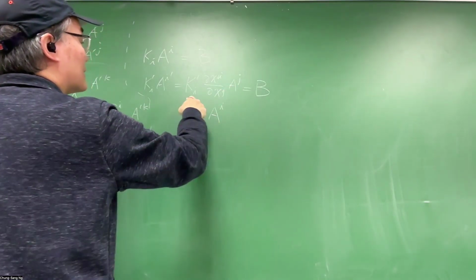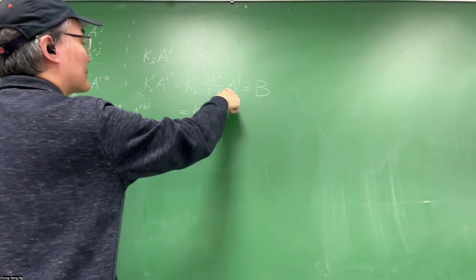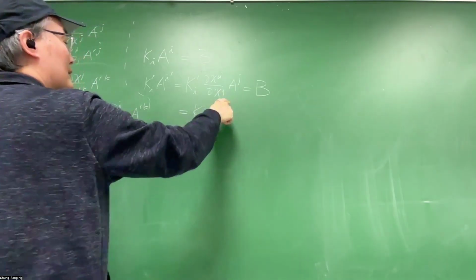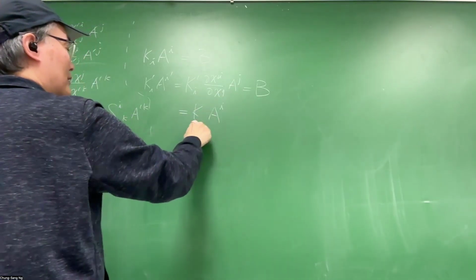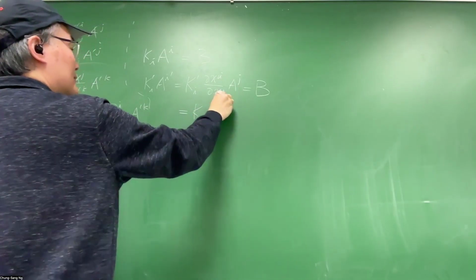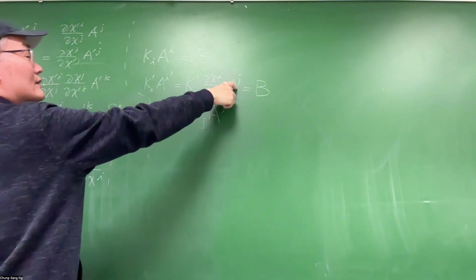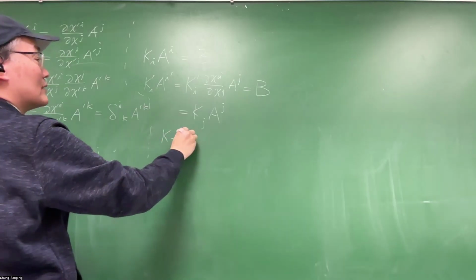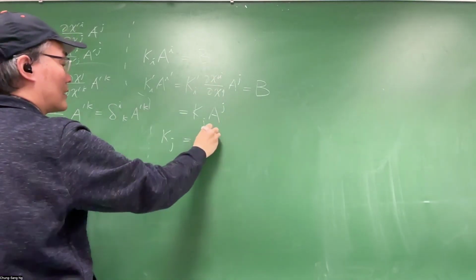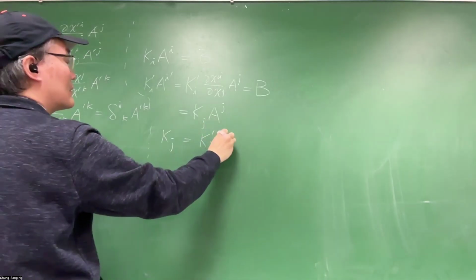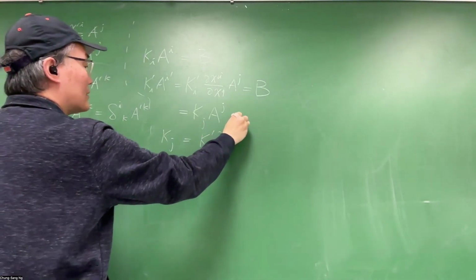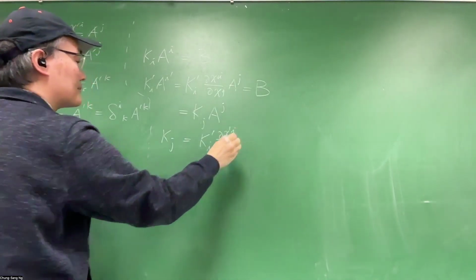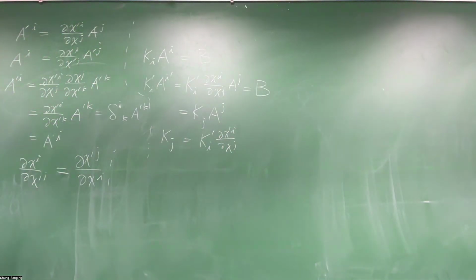So you can say this is a_j, though this is not exactly the same thing, so you might as well change it to make it the same. By comparing this to that, k_j is this k_i.